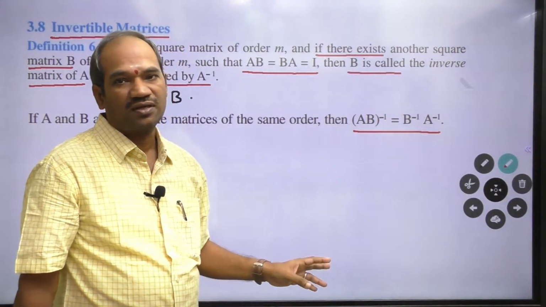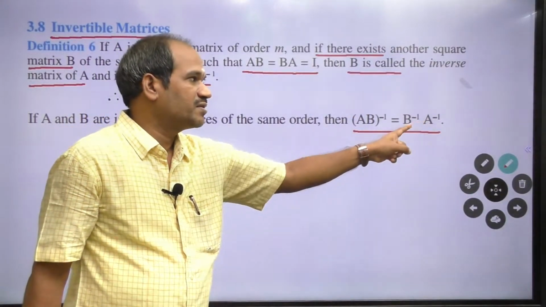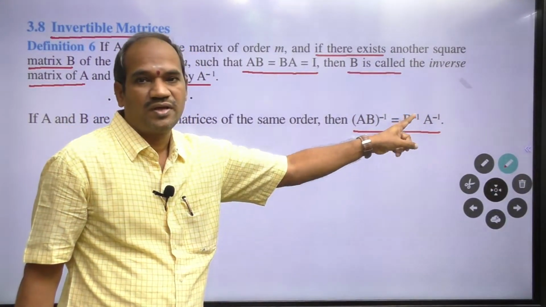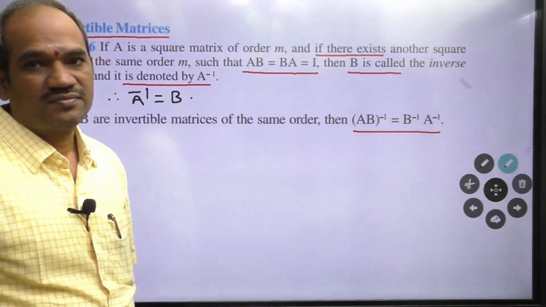This is the formula. Apply this formula: (AB) whole inverse is equal to B inverse into A inverse. B inverse first, then A inverse. This is the invertible matrix definition. Write this definition one time.